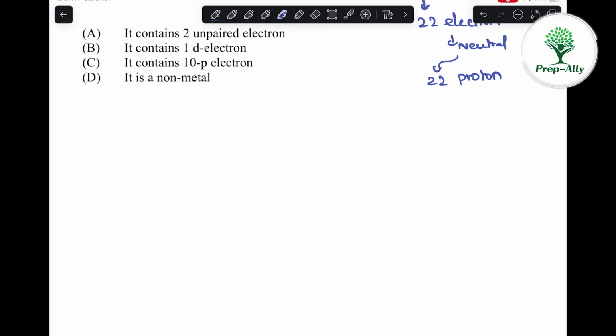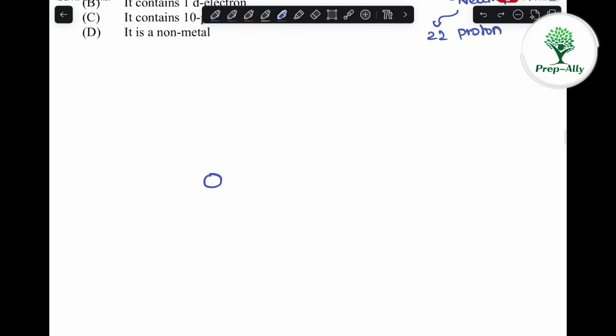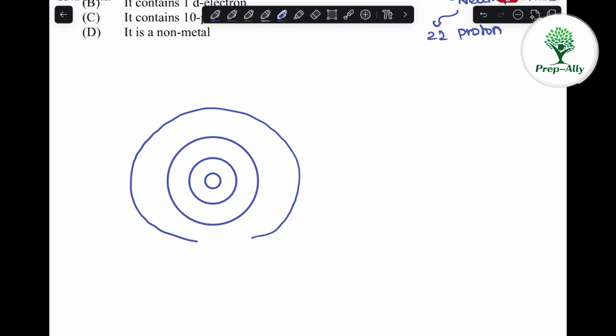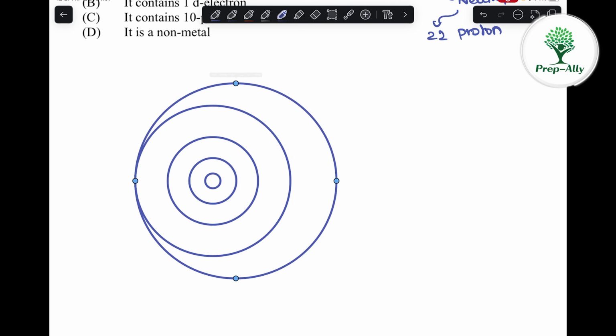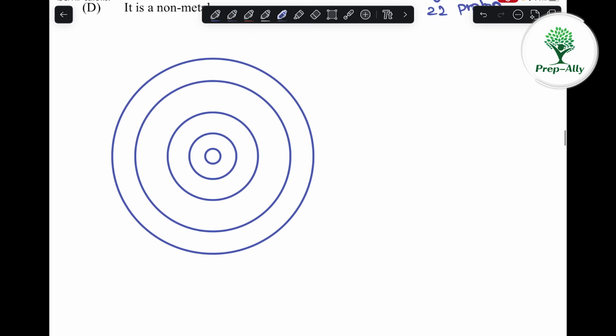Now arrange the electrons in their increasing order, or you can find the electronic configuration of that element. Maybe I can draw a shell like this: K, L, M and one more, right?